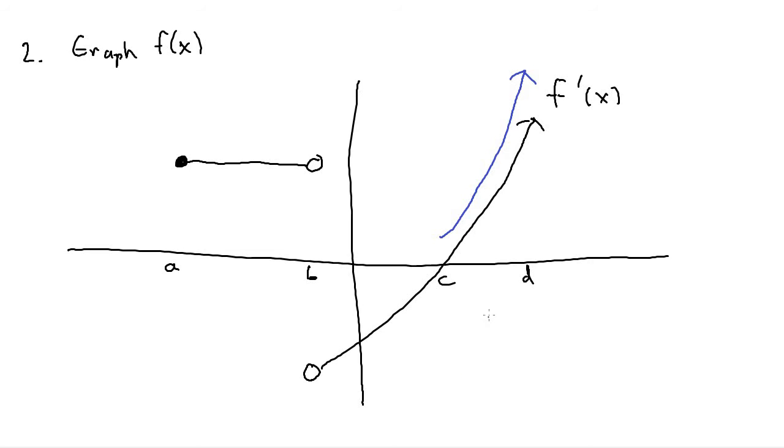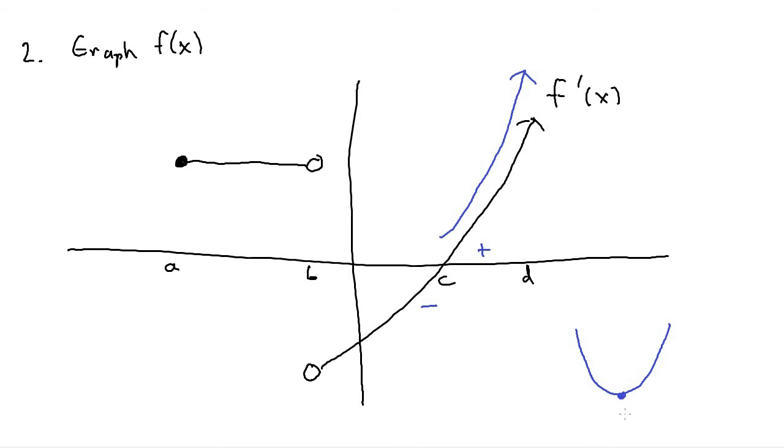So now we have to look at point C. Exactly at point C, we know that the derivative is 0. And we know that when the derivative is 0, there is going to be some kind of max or min. And since it's changing signs, going from a negative to a positive, we know that f is going to be decreasing and then increasing.